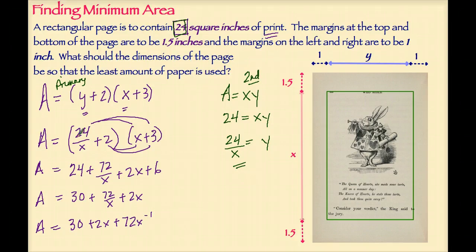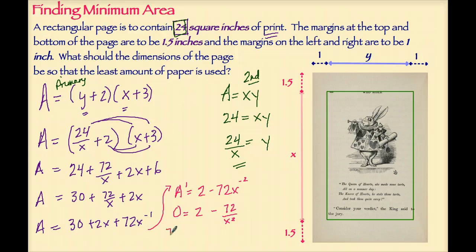I think this calls for a change in color. So let's do this up here. A prime will be 2 minus 72x to the negative 2. Let's set this equal to 0 in order to solve for a max or min value, a min value in this case. 0 equals 2 minus, and let me rewrite this now, 72 over x squared.